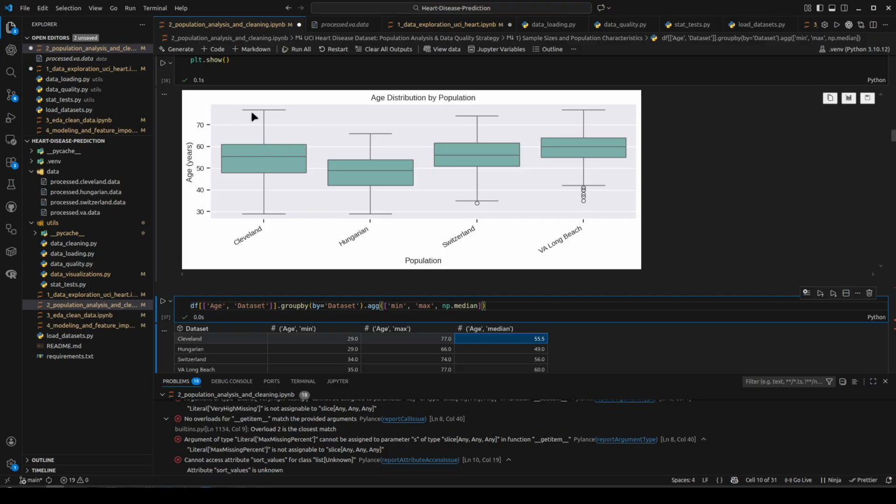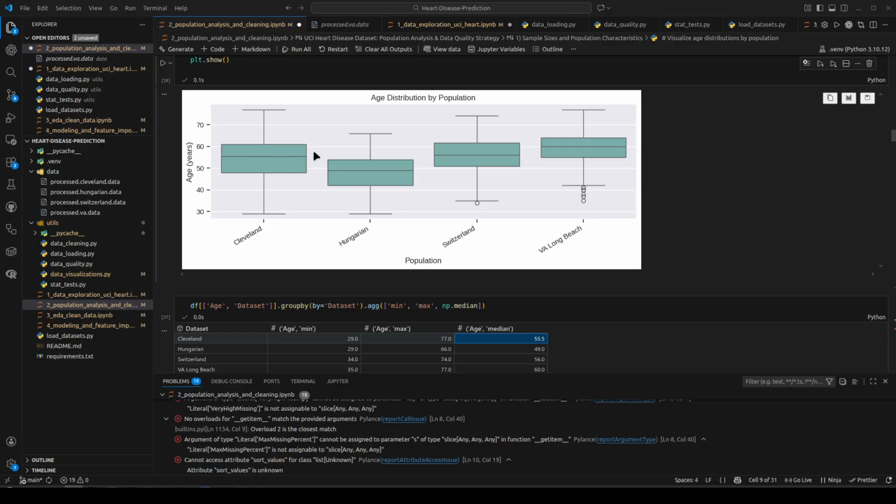Now these whiskers over here, they're not the minimum and maximum, although sometimes they can be. They represent the IQR, essentially the IQR value times 1.5. So you have here, this is the range, right? And so whatever this is, 60, I don't know, roughly 60 minus 48, something like 12.